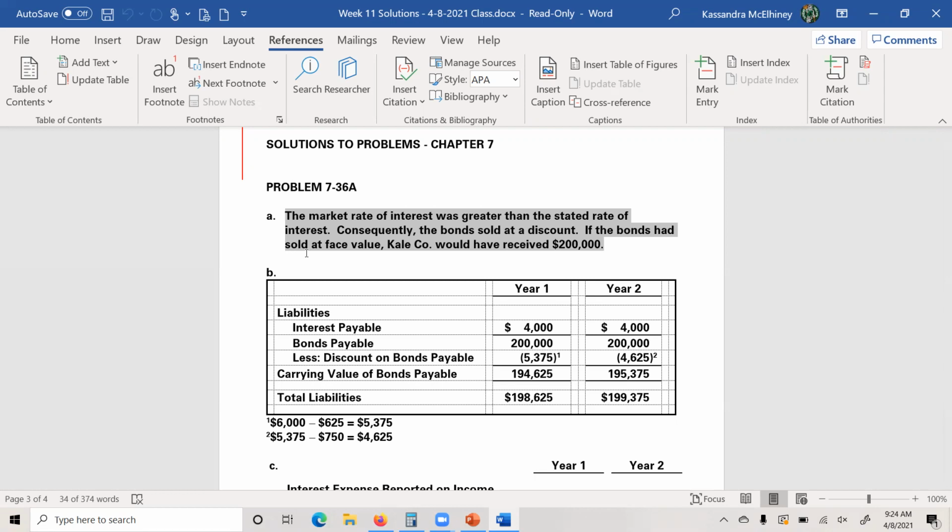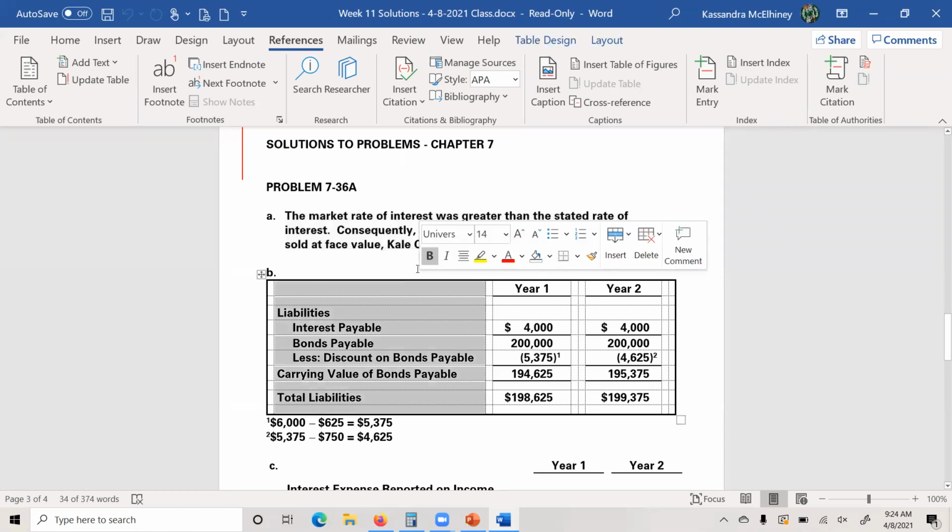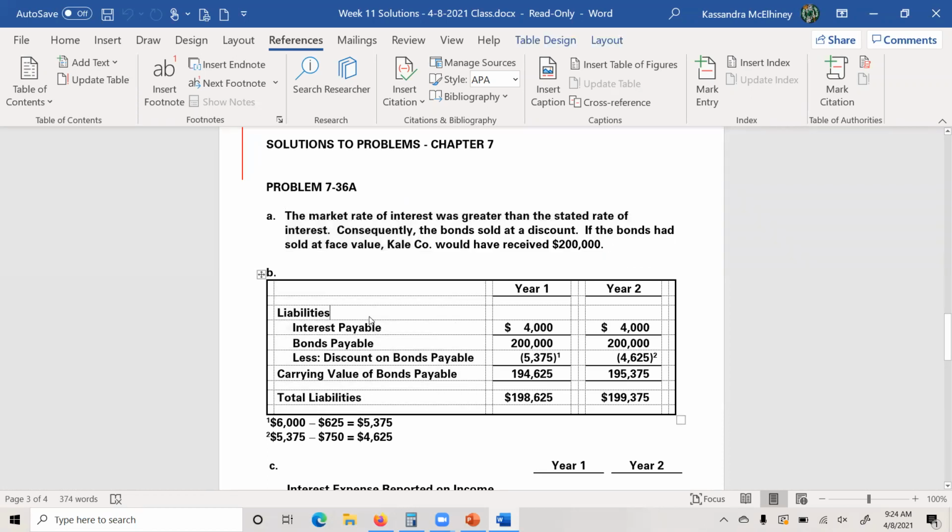So the bond had to be issued at a discount in order to be sold. Now, that's the solution to requirement A there.